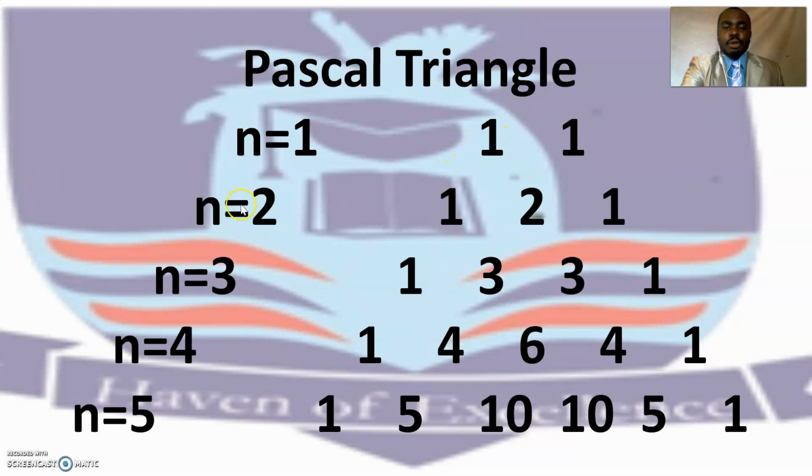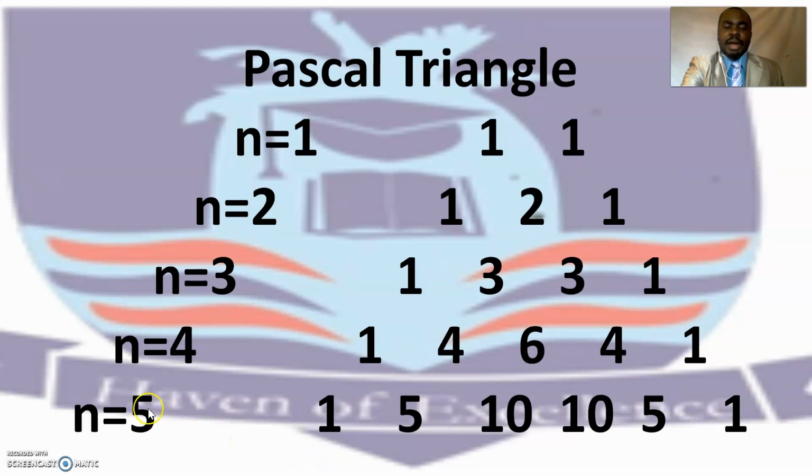When you have a binomial raised to the power of 2, you will have 3 terms with the coefficients 1, 2, and 1, as I showed you in the example. When you have a binomial raised to the power of 3, you have the coefficients 1, 3, 3, 1, and 4 terms all in all. When you have a binomial raised to the power of 4, you will have 5 terms with the coefficients 1, 4, 6, 4, 1.